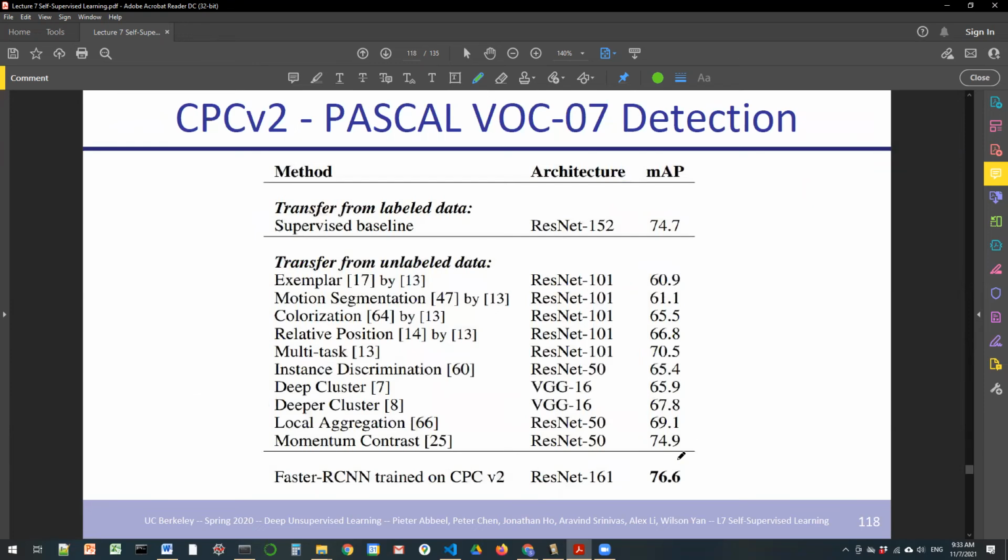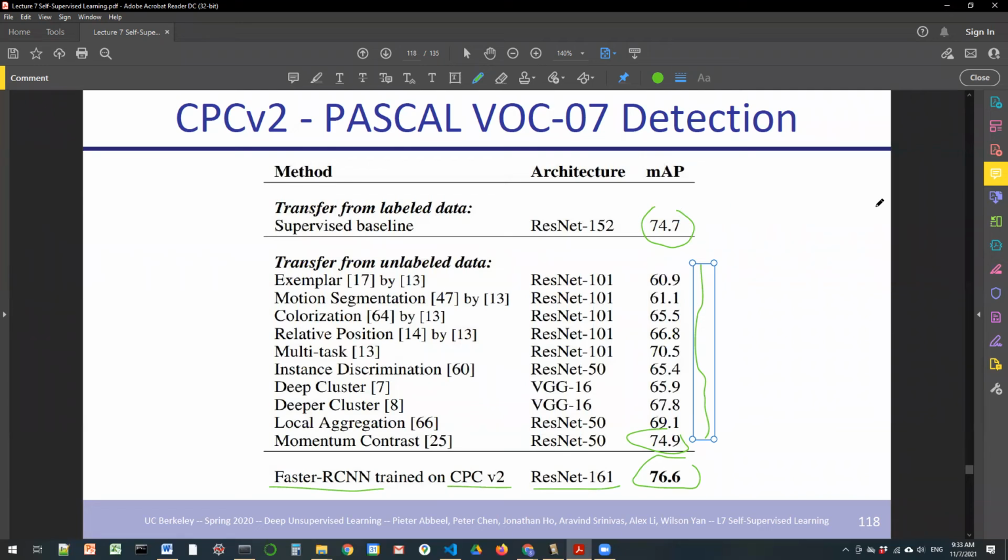Right. And then the final thing they point out, which is one of the big deals about CPCV2, is the transfer learning results. None of the other techniques got you there, including momentum contrast, which we'll talk about. Compared to the supervised baseline, on the object detection task, the Faster RCNN trained on the CPCV2 ResNet gets you better results than supervised.